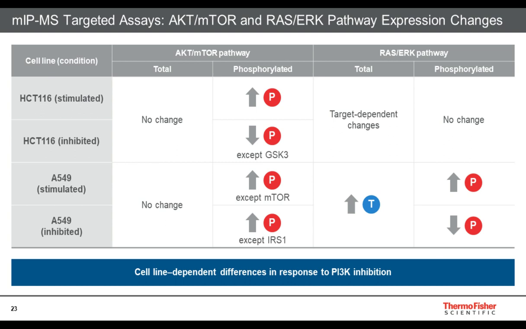So we are seeing very different protein expression changes for both of these pathways in the two cancer cell lines. So we are seeing cell line dependent differences in response to the PI3K inhibition.